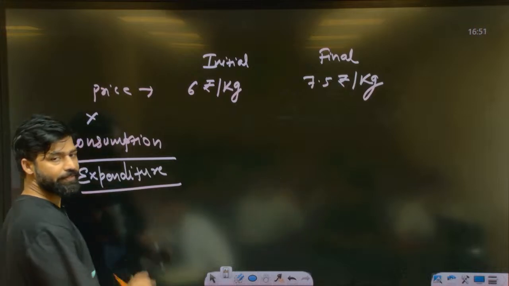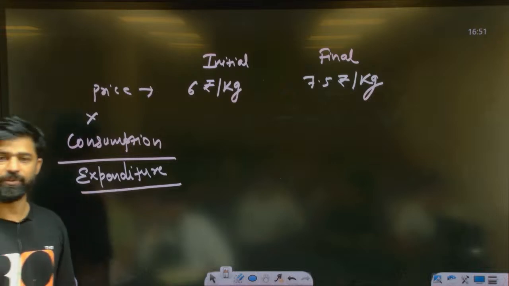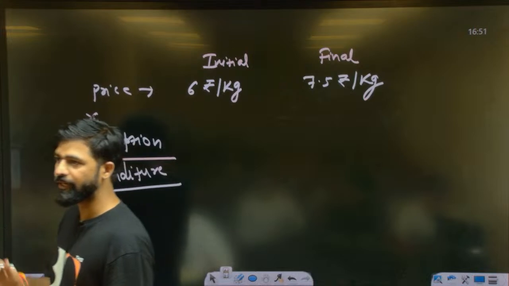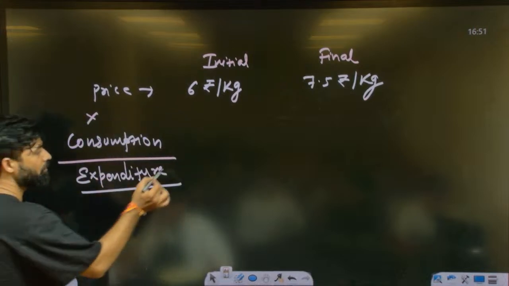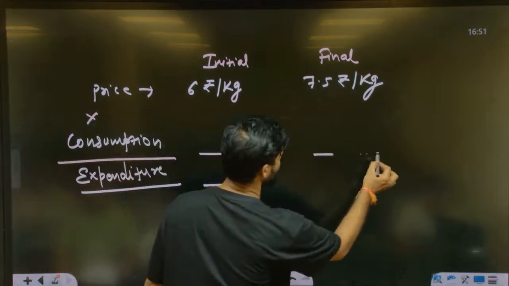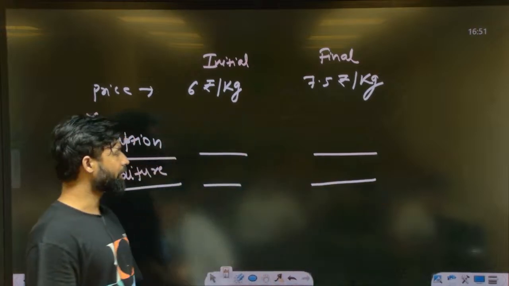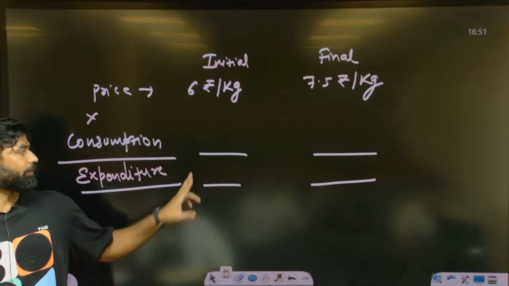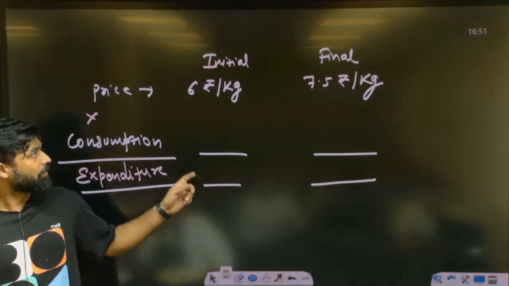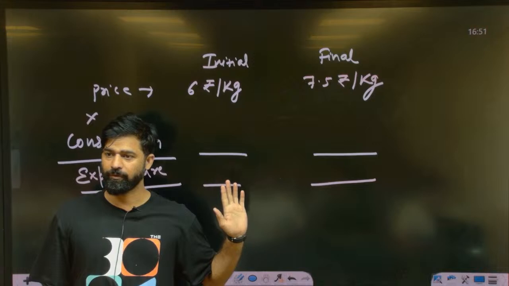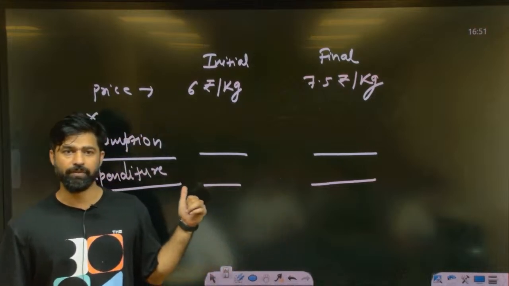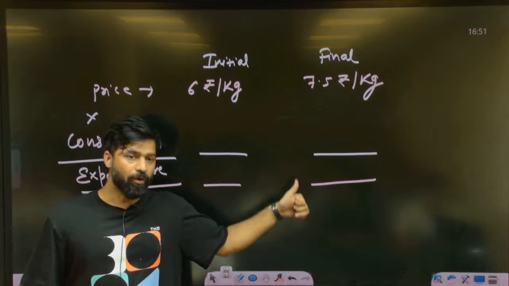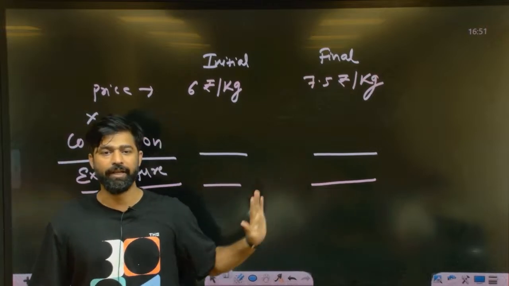And he has simply said that he does not want to change the expenditures. So it means expenditure remains constant or same. The meaning is as simple as that. If he was spending 100 rupee, now also he is spending 100 rupee. So he has not changed the expenditures. If he was spending X rupee, now he is spending the same money, that X rupee.